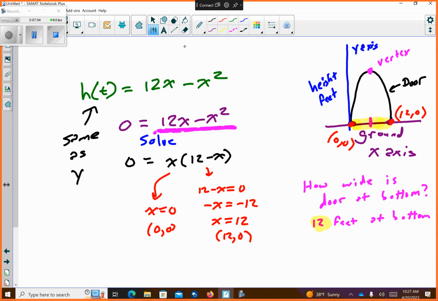So if the distance between the doors is 12, what is halfway in between 0 and 12?